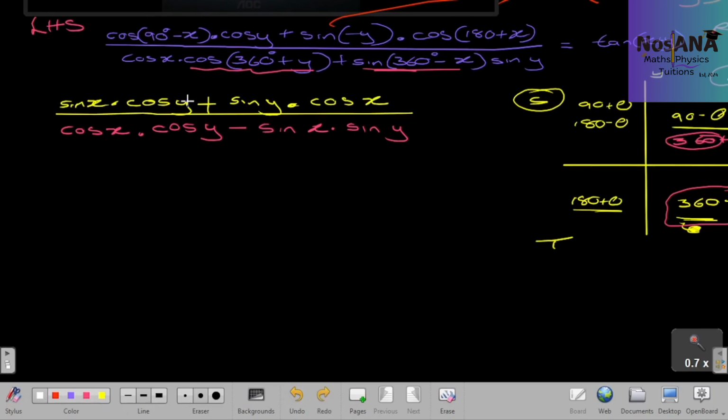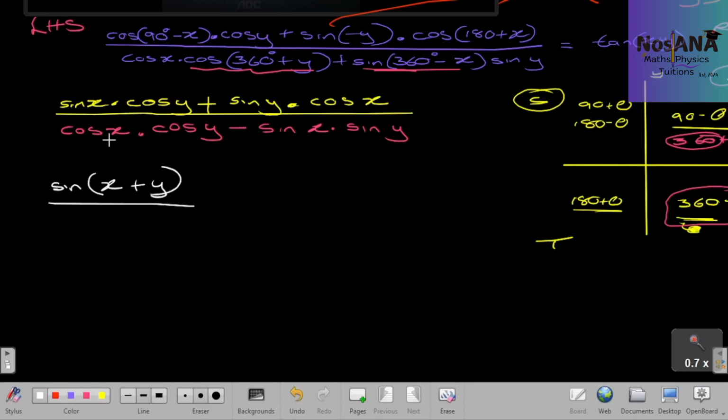Now we have this. We can just see that we have a bunch of compound angles here. What we have here is a compound angle for sine. Remember, when you have sine, the next step will be sine x, and when it's sine, you're just going to add the angles, and that's the top part.